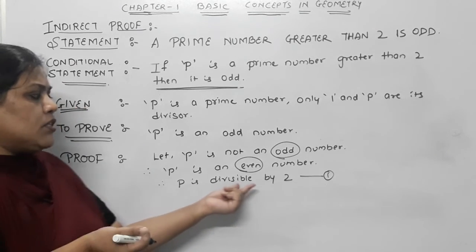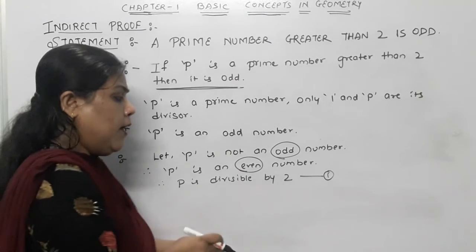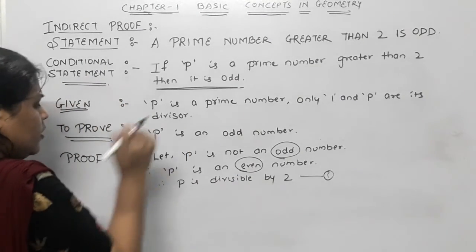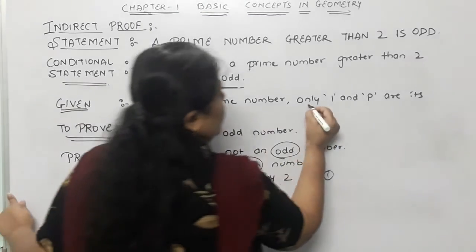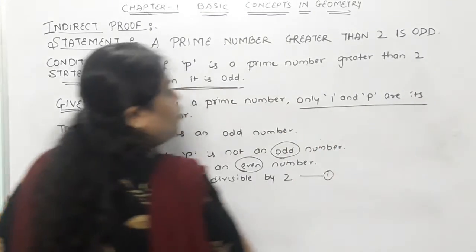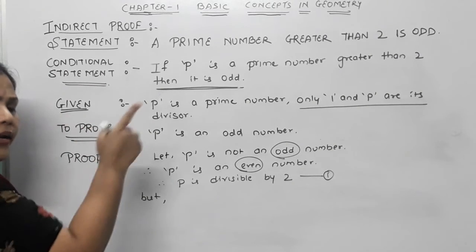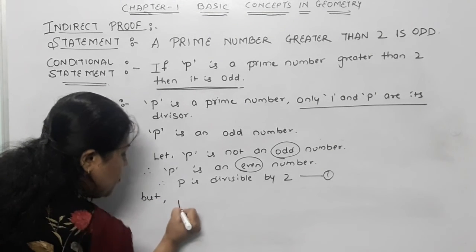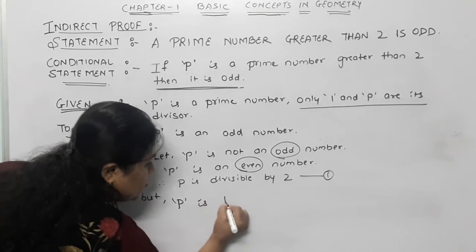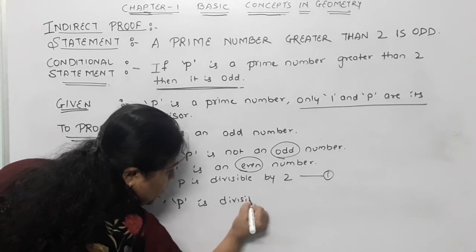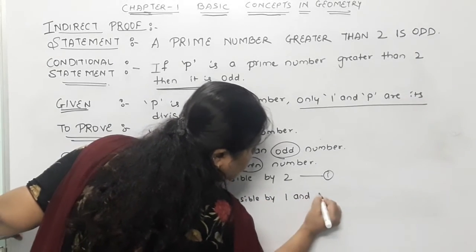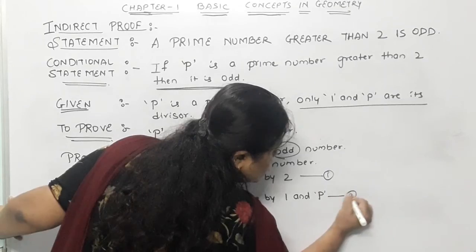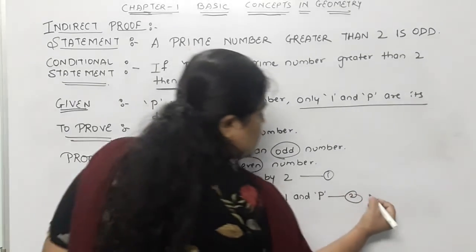So P, if it is an even number, it is divisible by 2. But in your given part, it is stated that it is only divisible by 1 and itself. But P is divisible by 1 and P. This is your second equation which is given to you.